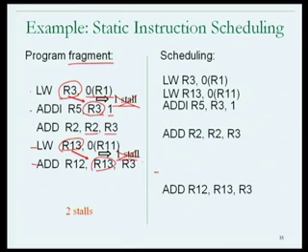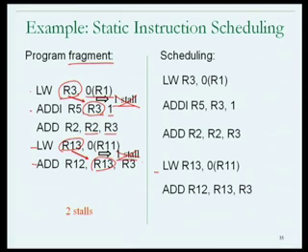But prior to doing that, we do need to determine whether it is safe to interchange or to reorder these instructions in such a way that the load word R13 instruction moves from its location towards the end of this code fragment up to the location where I had moved it. So essentially, I need to determine that the load word R13 instruction is independent of the two instructions which it is now going to precede.